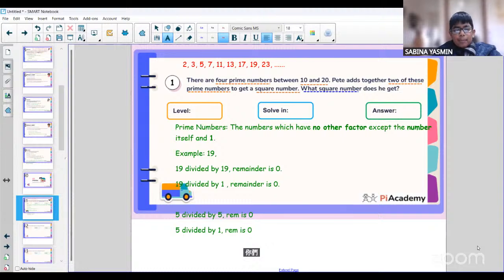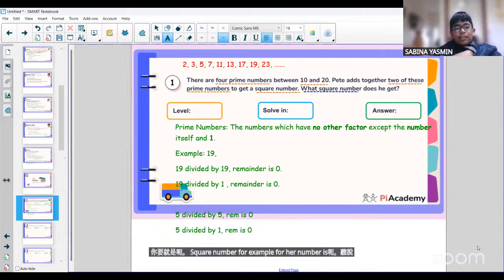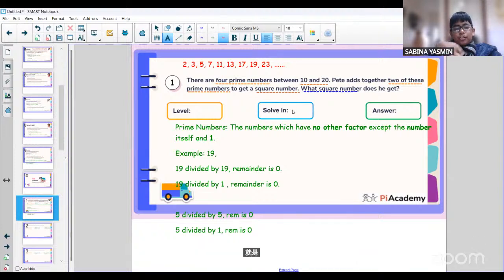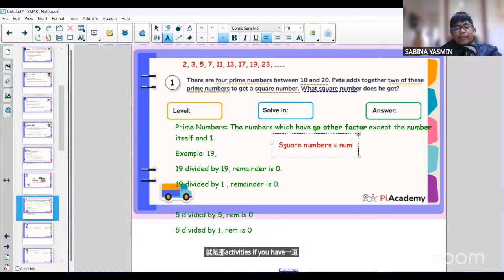An example of a square number is 2 squared. So 2 times 2 equals 4. A square number is a number that you get if you multiply a number by itself.